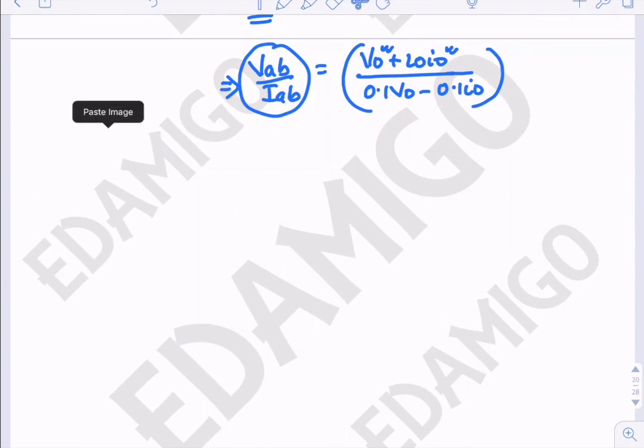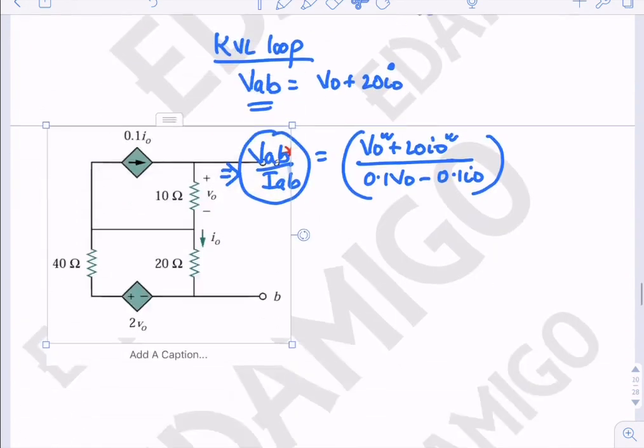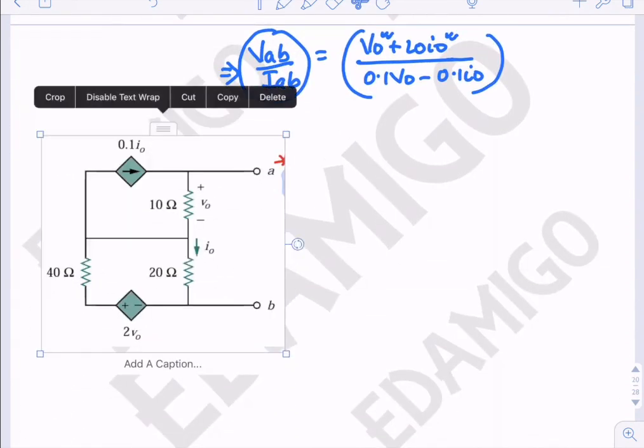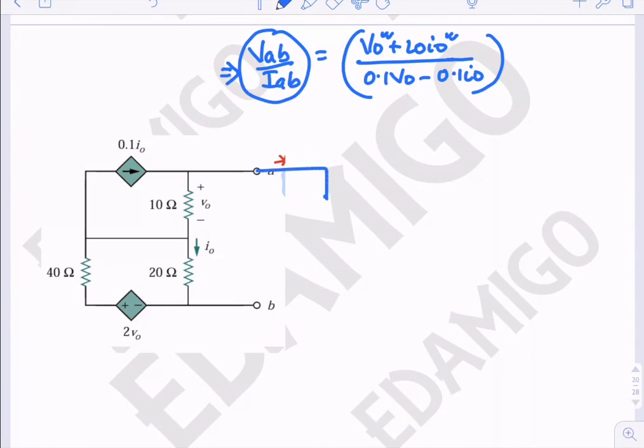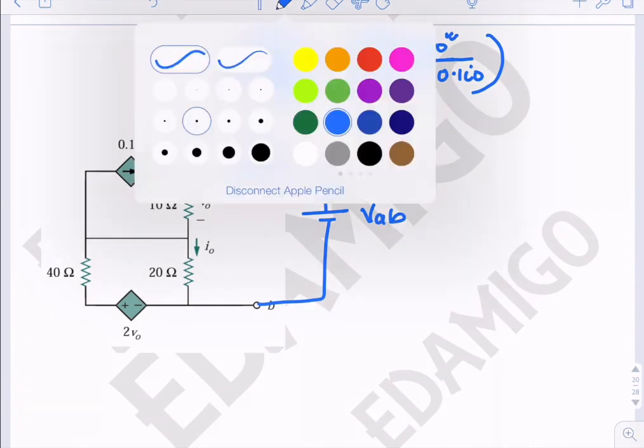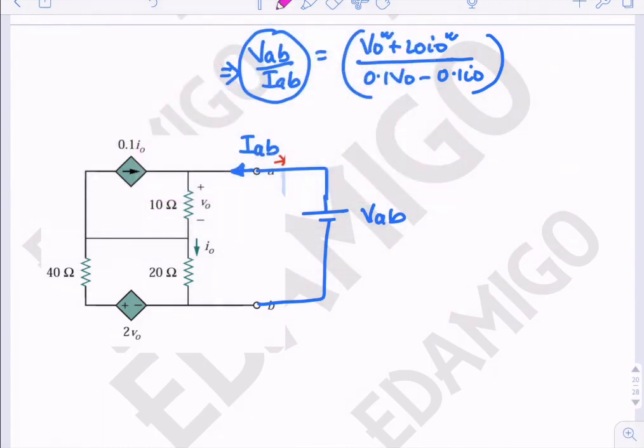Let me paste the figure again. Here we have VAB, and here we have current IAB.